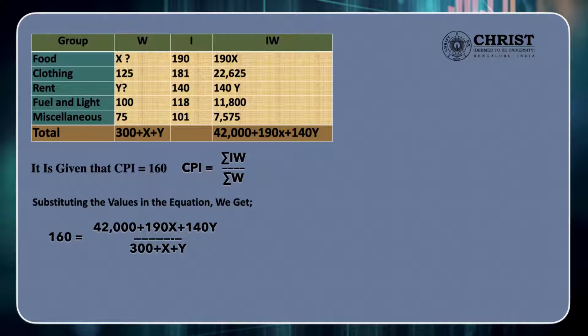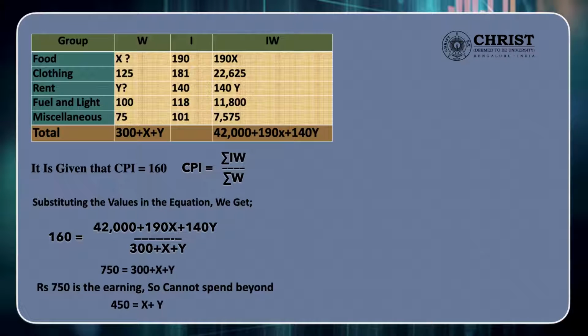We know that he is getting 750. So 750 is equal to 300 plus x plus y. 750 is his earnings, he cannot spend beyond that. So we are getting one equation: 750 minus 300, 450 is equal to x plus y. Now we have to substitute the values in the equation. 160 is equal to 42,000 plus 190x plus 140y divided by 750, because the total earnings is 750.